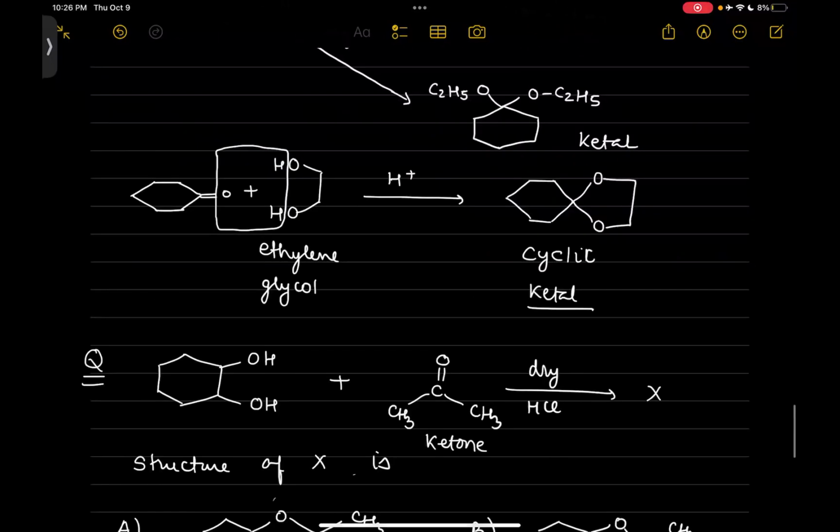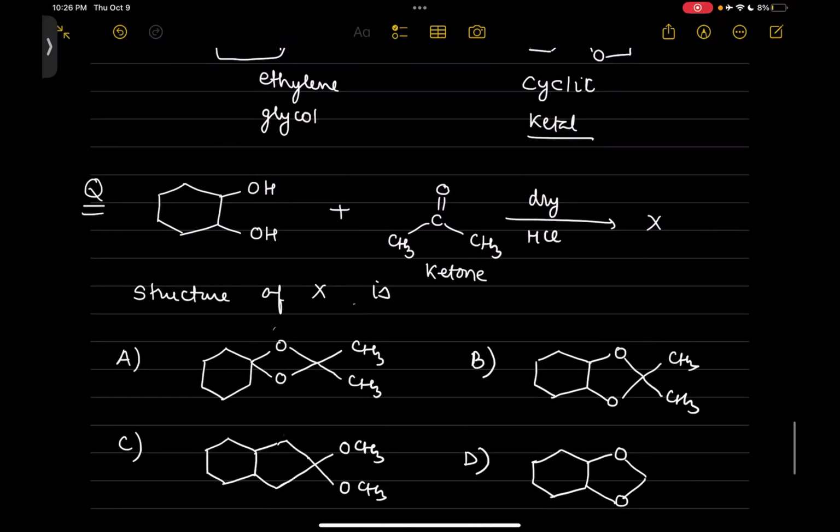Okay, one alcohol gives you OH and OR, so that gives hemi. But even if we have taken one molecule of alcohol, we are not going to get hemi, we are going to get a complete ketal, because one molecule solves the purpose of two alcohols. Okay, because it is a diol, right? So we are going to get a ketal.